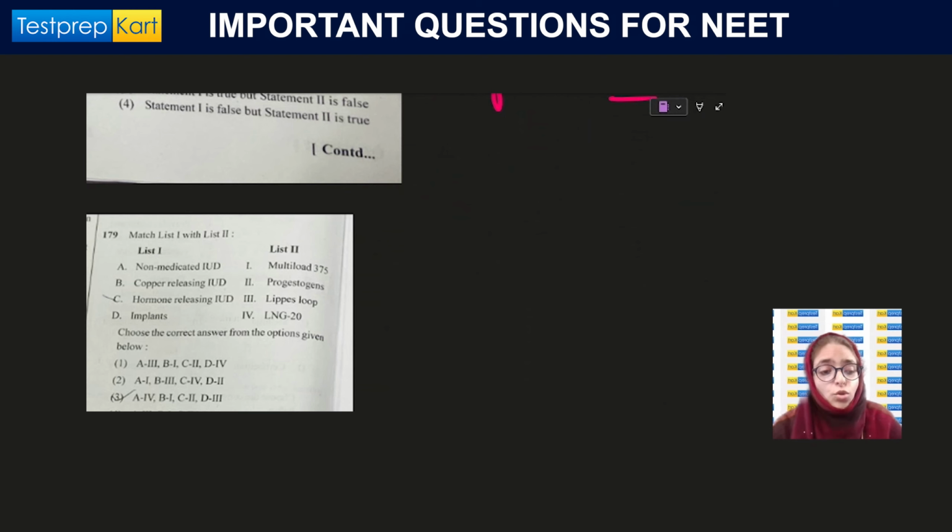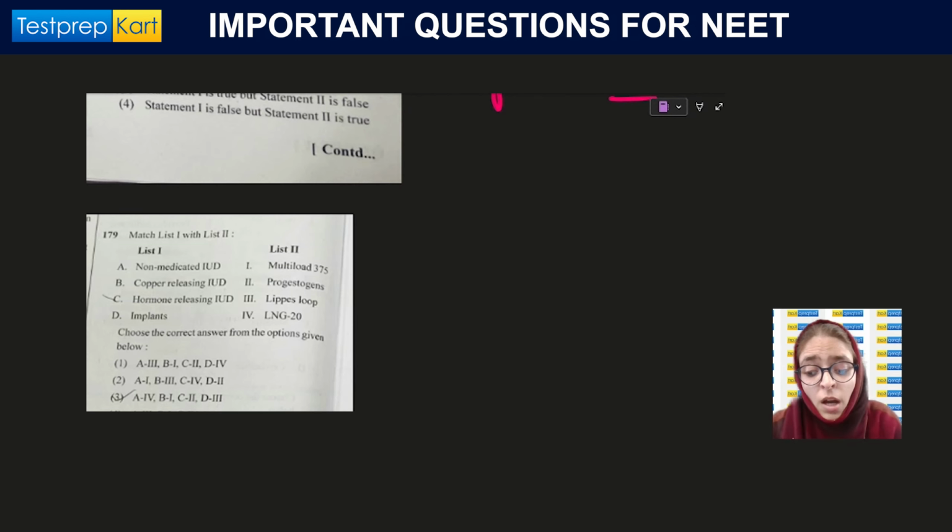We have four options. First one is A3, B1, C2, D4. Second is A1, B3, C4, D2. Third one is A4, B1, C2, D3. And fourth one is A4, B1, C4, D2. Now we have to see which one is the correct answer.